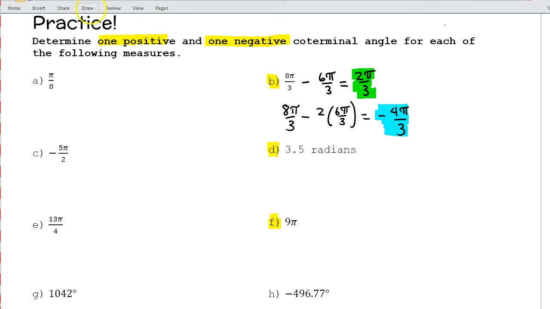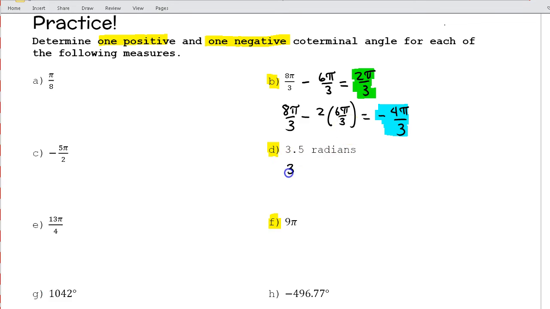Now for part D, notice there's no pi in here, and it does tell us radians, but most of the time if it's in radians it's just going to say 3.5. It won't have any other indication. You just won't have a degree symbol. So 3.5 radians, we're going to do the same process.